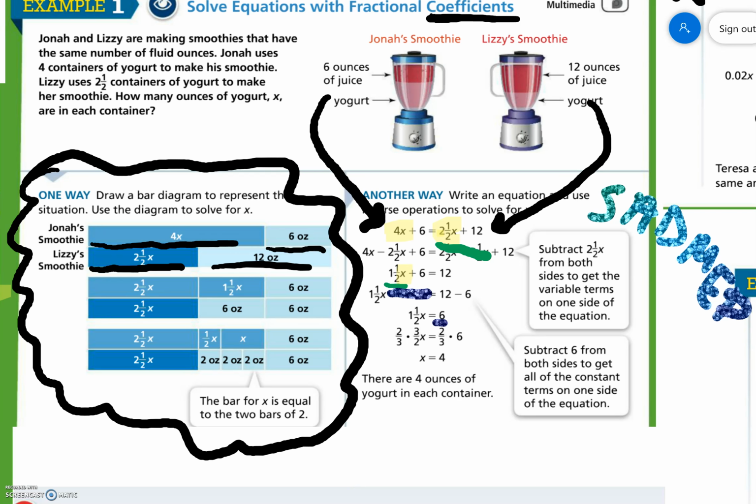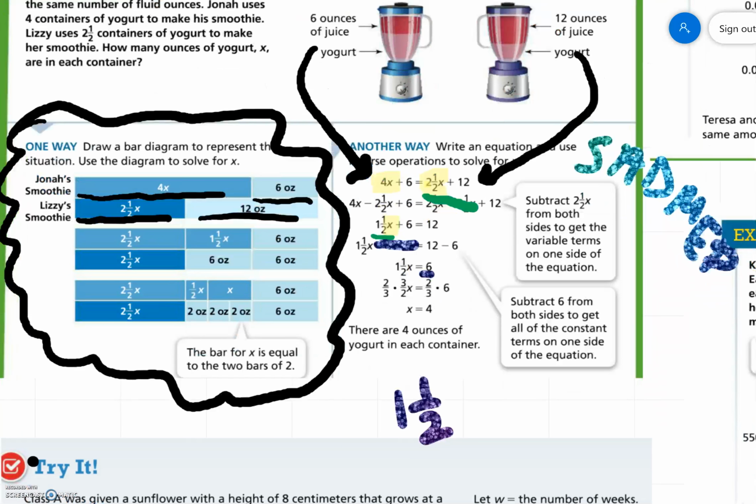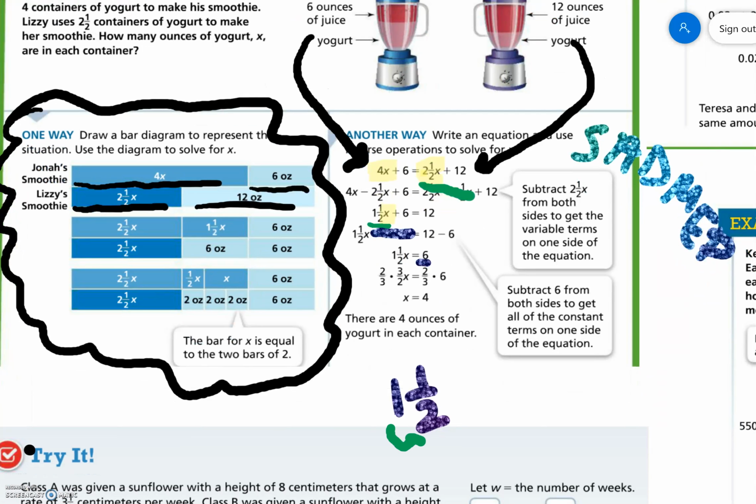Now, last but not least, they converted 1 1/2 into 3/2 by making it an improper fraction. So that's when you multiply and you add. 1 times 2 is 2, plus 1 is 3. So they got 3 halves. But remember last class, if we have a fraction next to a variable, the way to get rid of it is to multiply by the fraction flipped.